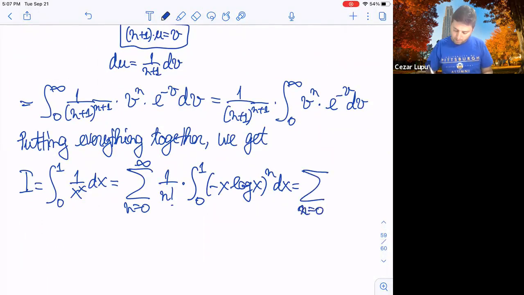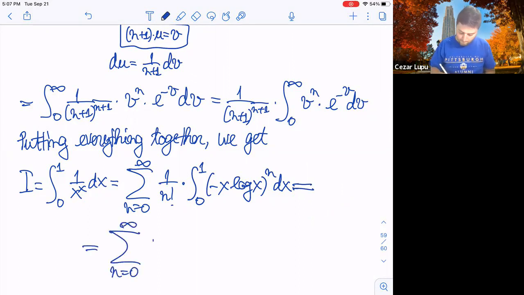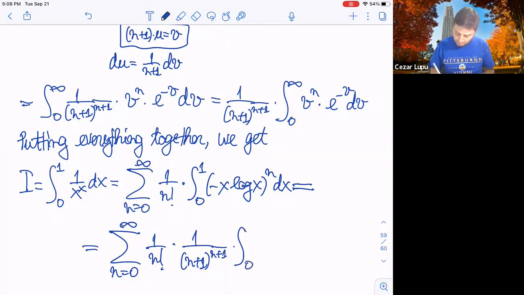Okay, and at some point we computed that integral. So this was this guy here. All right, great.